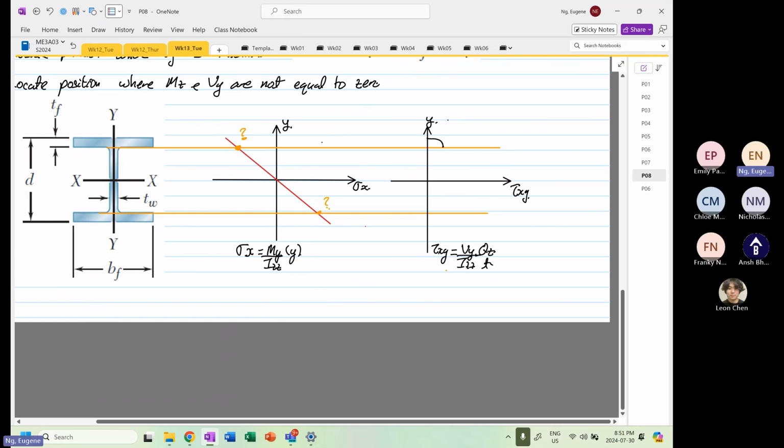Because of the change in thickness, we have a step function. And then it does this, and then it comes here, and then it comes to 0. Okay, so this is the point we would like to determine. What is this shear XY value over here?